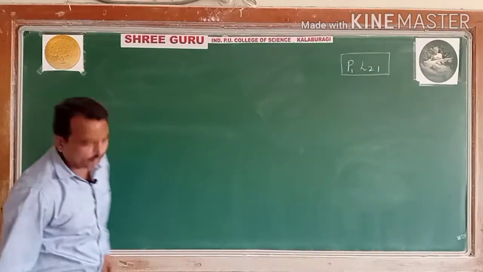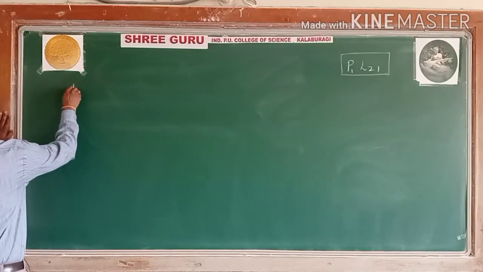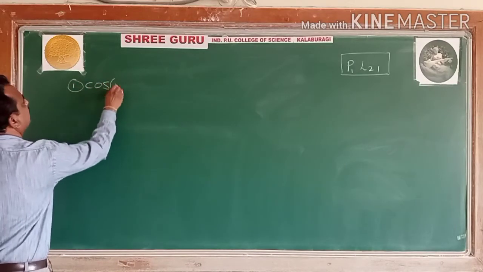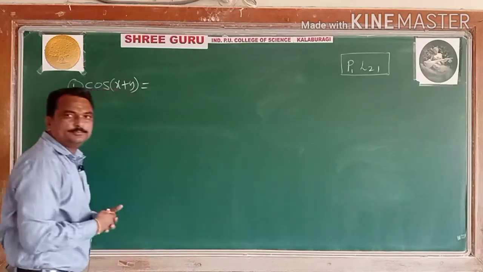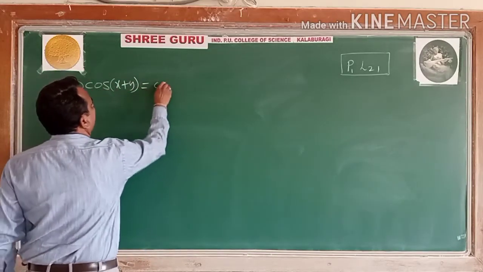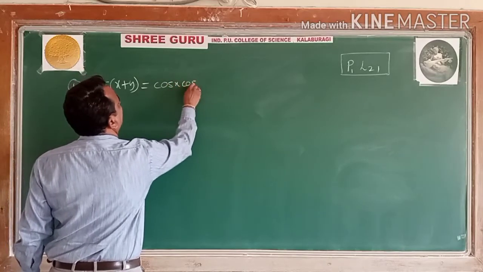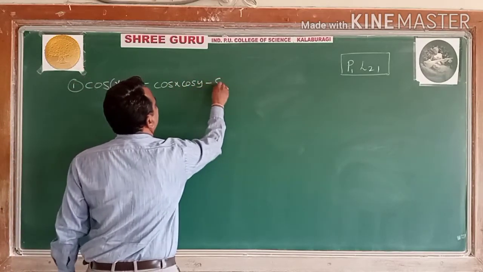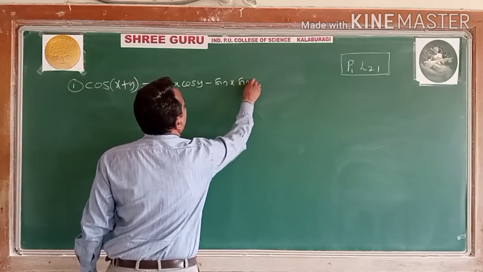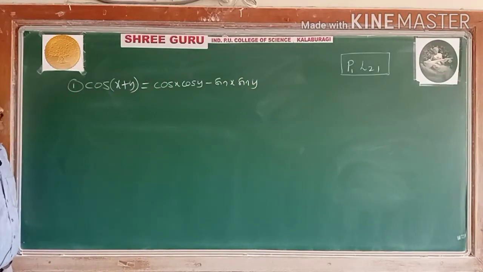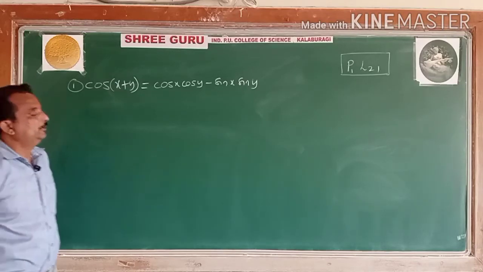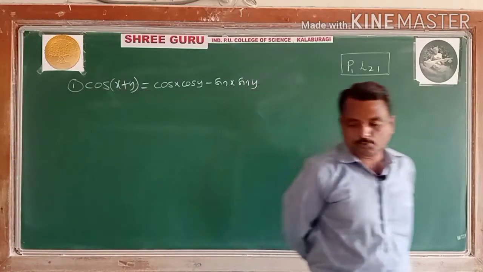This is the first formula we have proved: cos of x plus y, in terms of x and y, or you may take a and b also, is equal to cos x into cos y minus sin x into sin y.